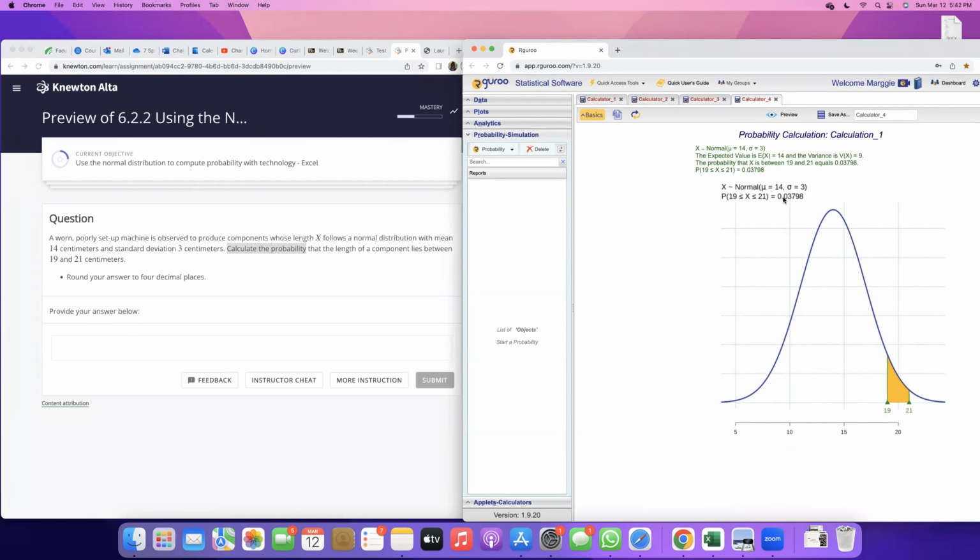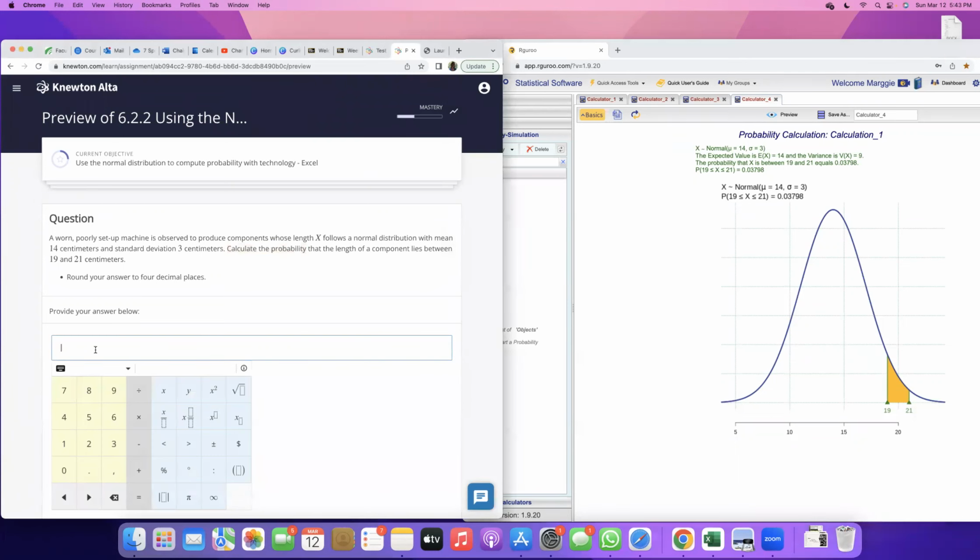it's 0.03798, not percent, but it's going to be 3.7 or 3.8% of your area. If I account for the area starting here and all this underneath the curve, this in here represents that 3.8%, right? We're going to leave that in proportions always.